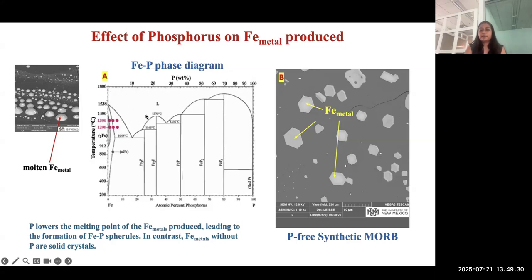Okay, so I'm following this one. The key point of this phase diagram is that they are molten. We are still working on it, so feel free to pass comments or correct me if I'm wrong. The best idea so far is that these metal balls are molten and spherical because the initial, newborn iron metal has a lot of phosphorus, so it has to be beyond this curve, somewhere here.